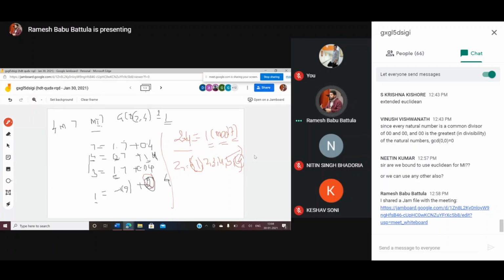These two numbers have the same multiplicative inverse values. 1 into 1, 6 into 6. 6 into 6 is 36. 36 mod 7 is going to be equal to 1, congruent to 1 mod 7. That's why 6 has multiplicative inverse value 6 only. 1 has multiplicative inverse value 1 only.